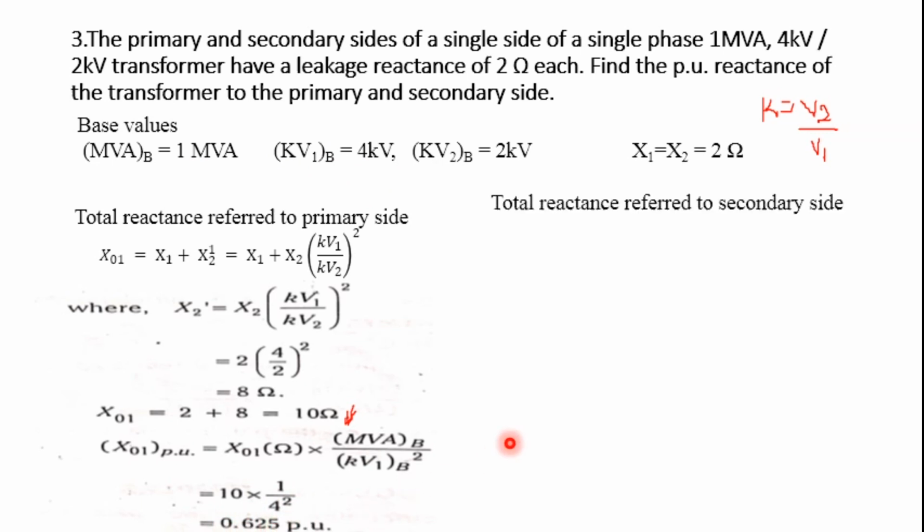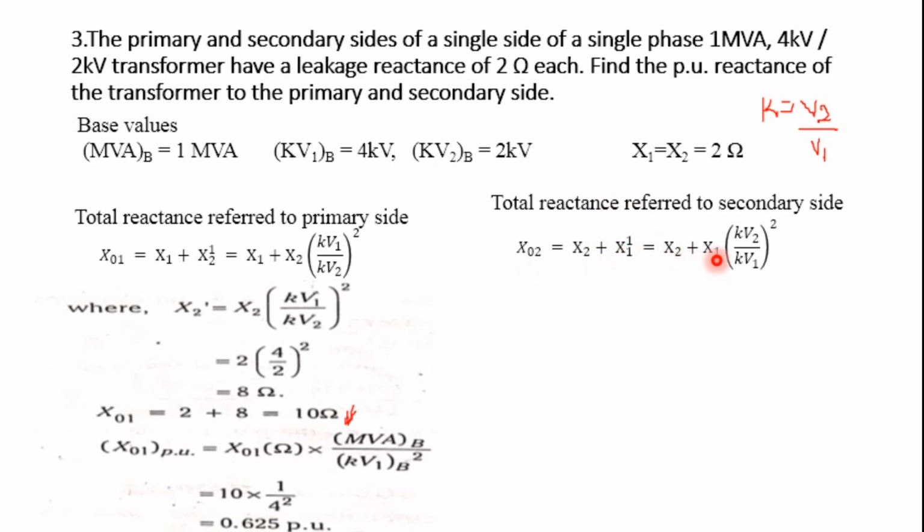Let's see. I already told you that the per unit system can be used for either the primary or the secondary side. So let's see the total reactance referred to the secondary side. We will check once again. What is x02? x02 is equal to x2 plus x1 dash. What does this stand for? This primary is referred to the secondary side.